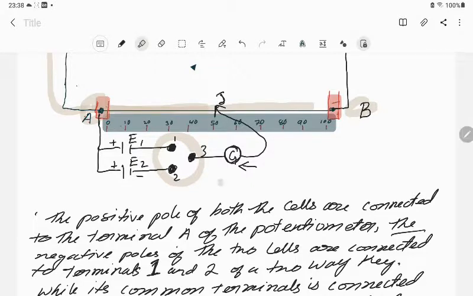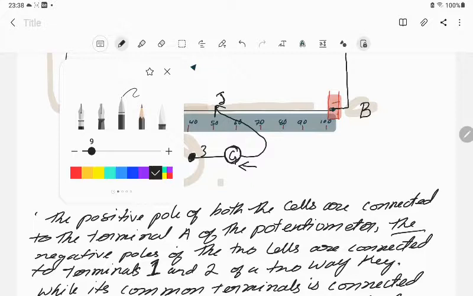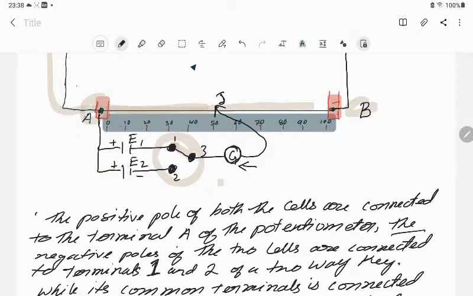So now we have to open this first, terminal 1 and 3. In the first case, we have to switch on this key 1. This portion we have to switch on.